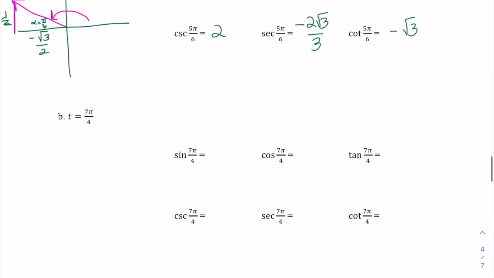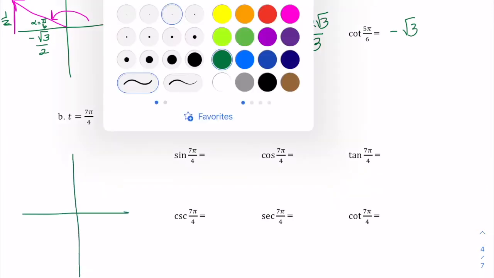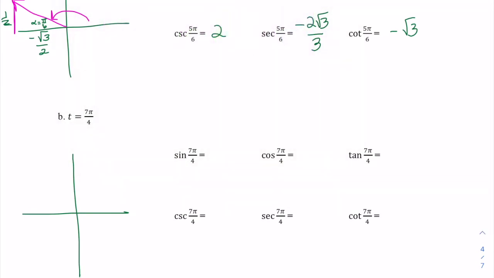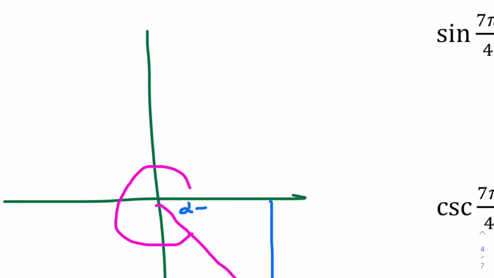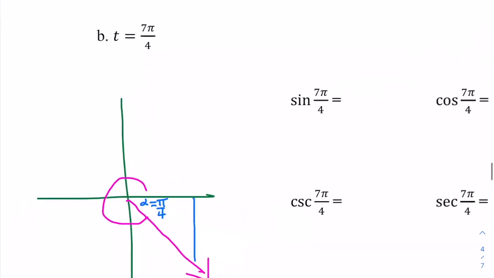Now let's look at 7 pi over 4. 7 pi over 4 is going to almost take us to 8 pi over 4. Right? 8 pi over 4 would be a full rotation. So this one is going to take us to the 4th quadrant. And we know that this is a special triangle. This is going to be a reference angle of pi over 4 or 45 degrees.